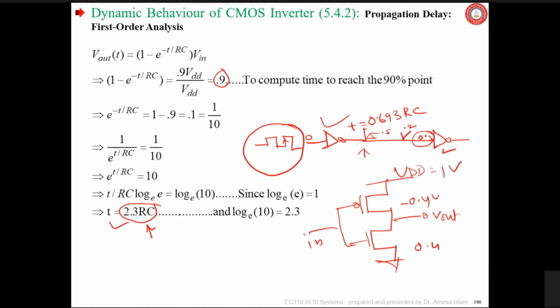Tell, when is the output rising of this first gate, first inverter, second inverter, and this discussion is going to say R and C. C, you understood that it is a load capacitance, but what is R here?